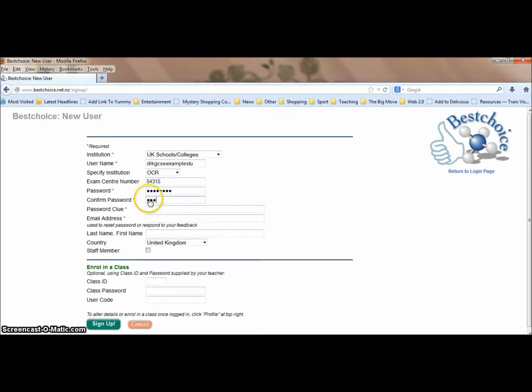and confirm that. Now it really isn't very sensitive, the information that's held on here about you, so the password needn't be that complicated, so mine is just the usual as my clue, and enter your email address. So I'll stick mine in.